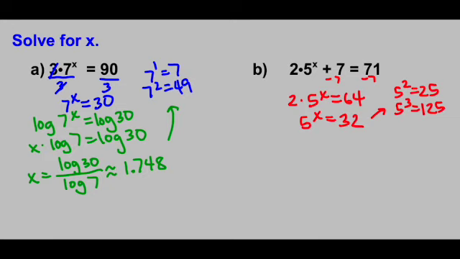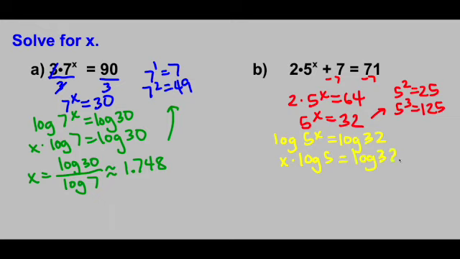What we're going to do then is take the log of both sides. So now I get log 5 to the power of x equals log of 32. Using our log power rule, we can move that x out in front. So now we get x times log 5 equals log 32.